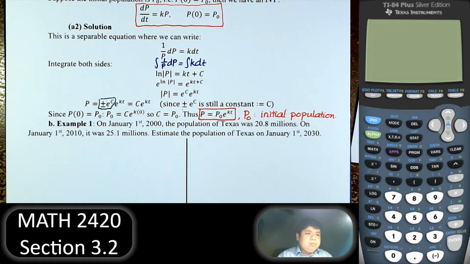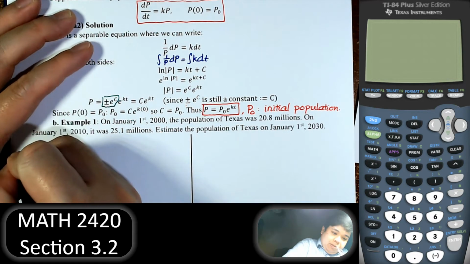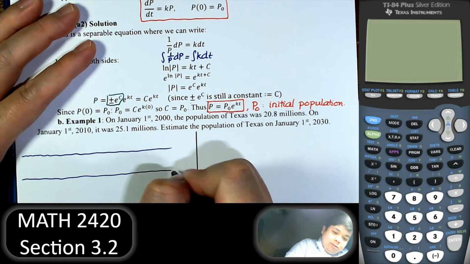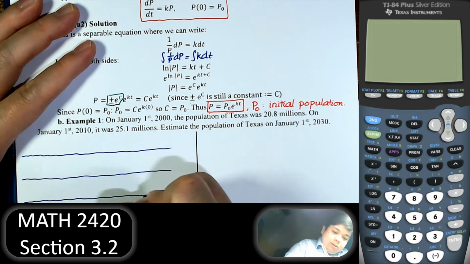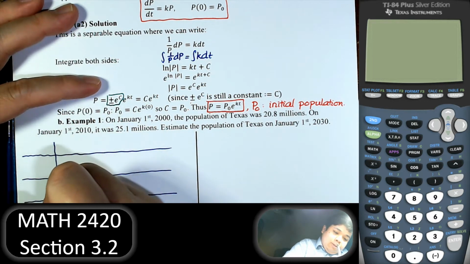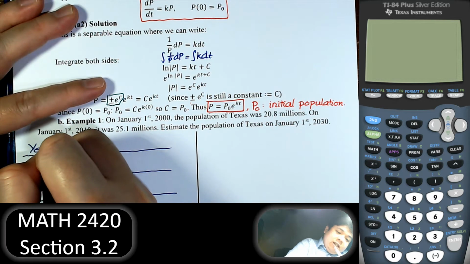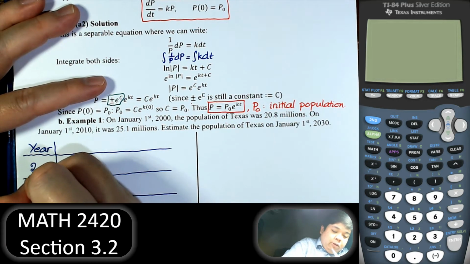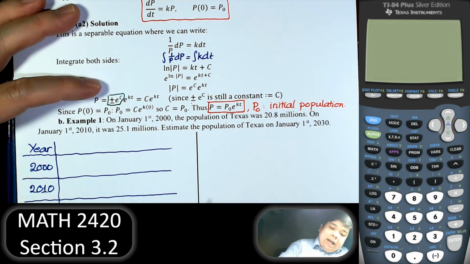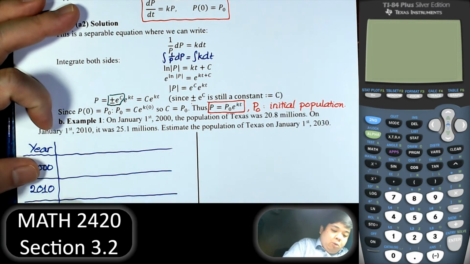Right. So usually for this kind of problem, we summarize in a table like this. First, of course, we have the year. The information will come from 2000, 2010, and then later on, what will the population be in 2030?